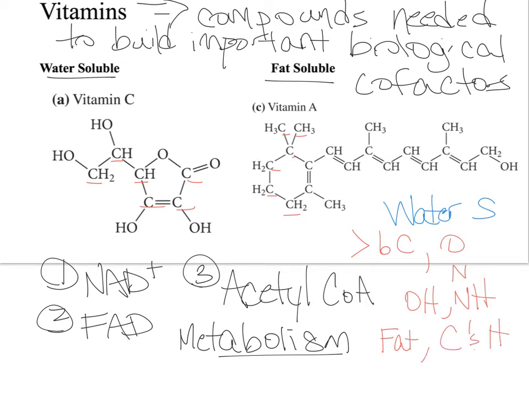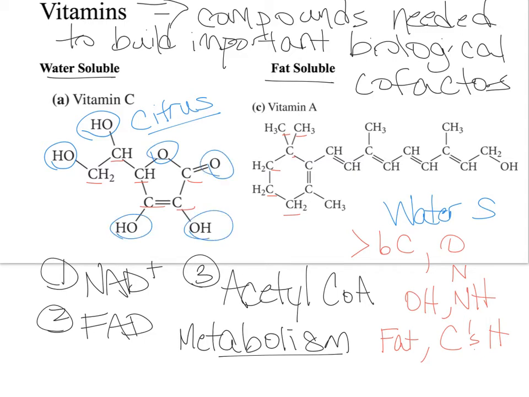So let's go back and look at vitamin C. And this is something that you know we get from citrus, and also things that are acidic, green bell peppers, jalapeno peppers, and then of course all of the citrus fruits. We'll just put a circle around all of the different oxygen in this molecule. And you can see that there are both double-bonded oxygens and oxygens with lone pairs.